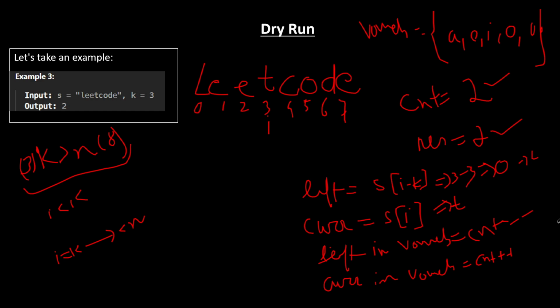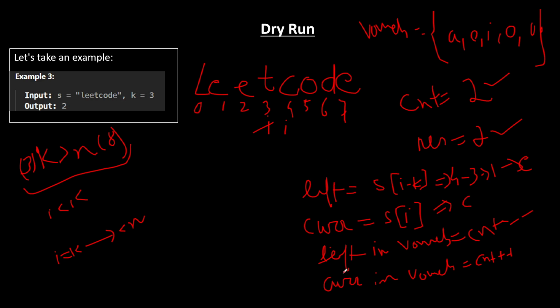Now we have I incremented from T to C here. I is in index 4. So 4 minus 3 gives 1, which is E, and S of 4 gives me C. Now, as you can see, E is a vowel, right?